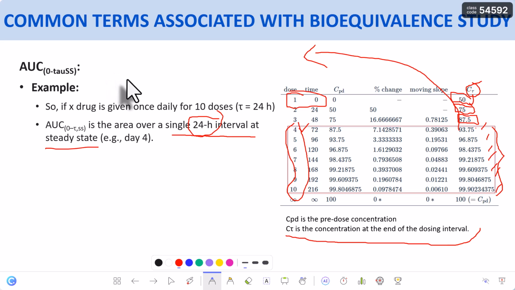Why is it called tau SS? Because this is the time when the concentration is found to be achieving the steady state. So you can measure the concentration at the fourth day, and that can be called the AUC 0 to tau SS. After that, there is no further increase or much difference in the concentration.